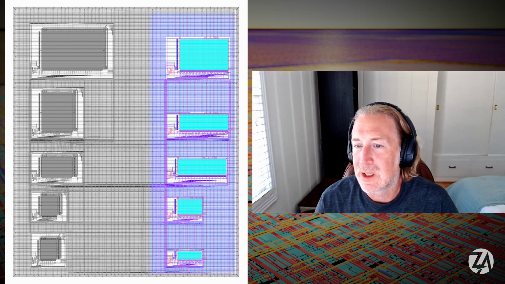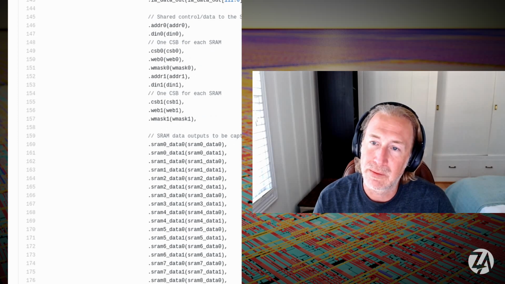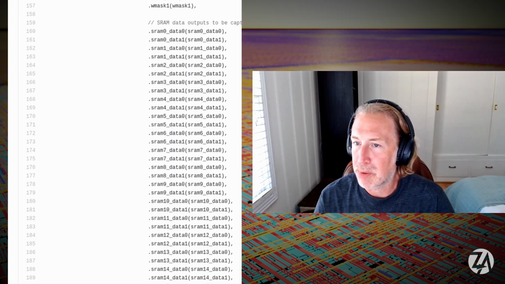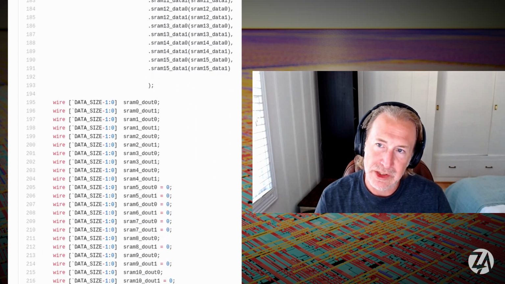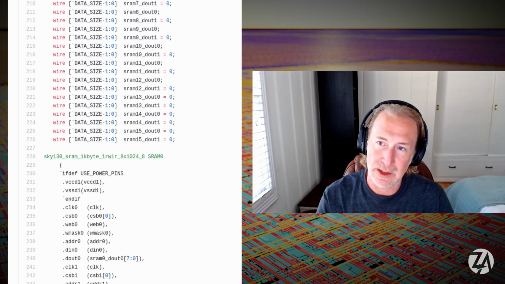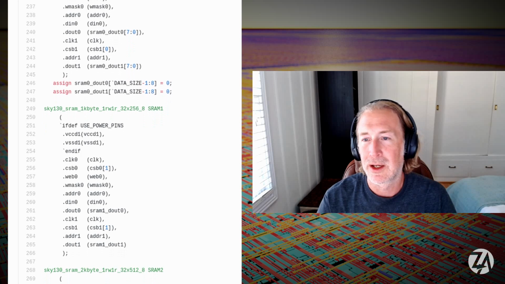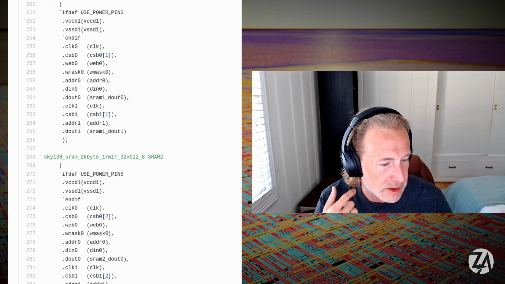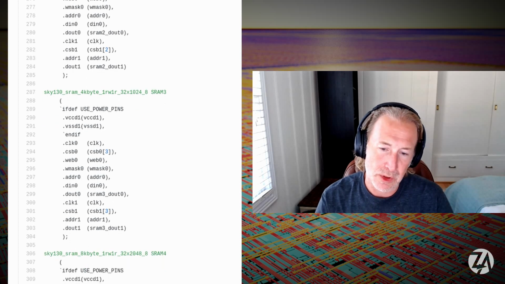And in terms of the design, basically it all fits in the user project space. All of the SRAMs are instantiated at the top level, and then we do gates at that same top level mixed with the SRAM blocks. And then the gates implement functionality for a couple things. There's basically two test modes.